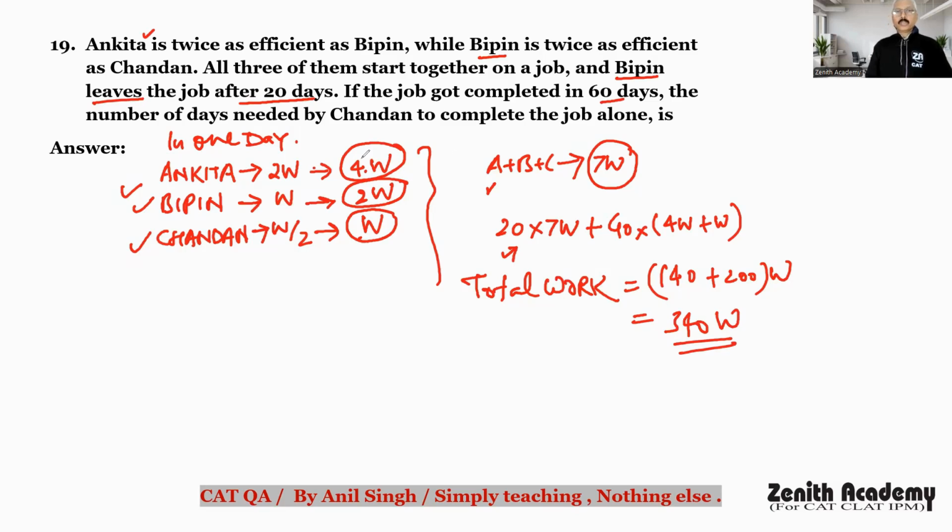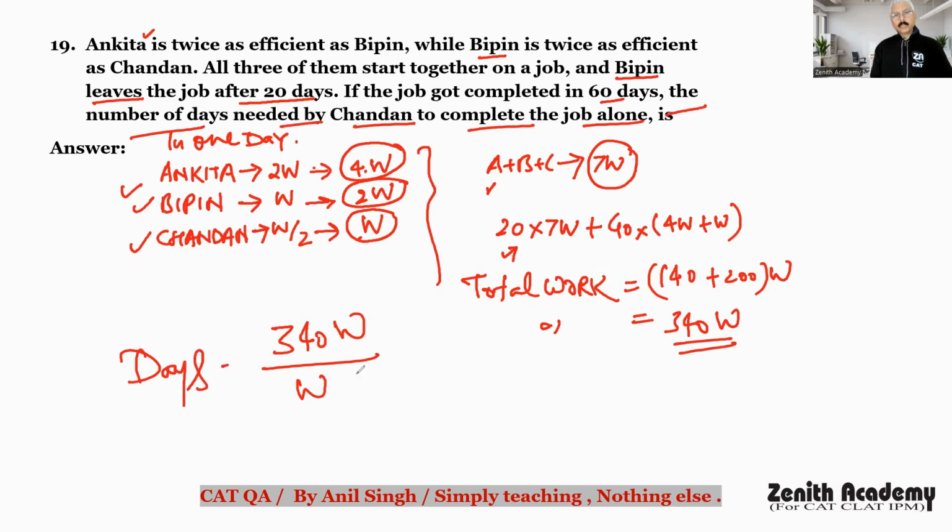Now the question is the number of days needed by Chandan to complete the job alone. The total work is 340, and Chandan daily finishes only W work, so the number of days taken by Chandan is 340. This is our answer.